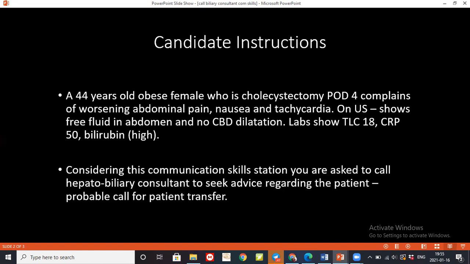Okay, and what is the best method of investigation for this patient? The best initial method of investigation.